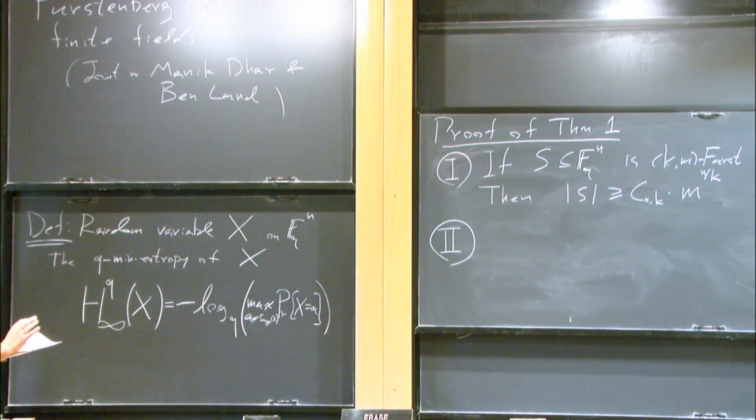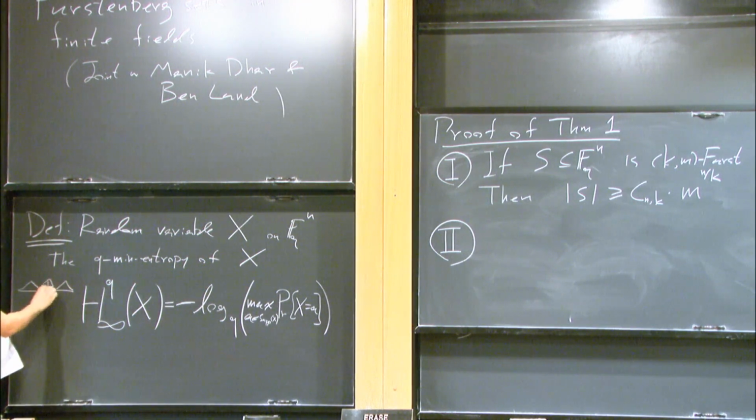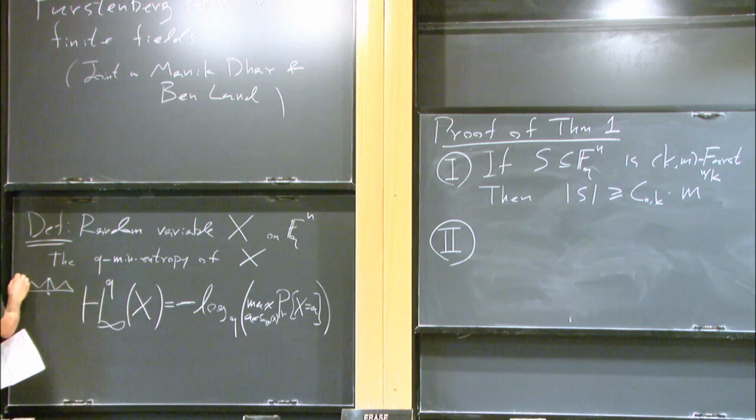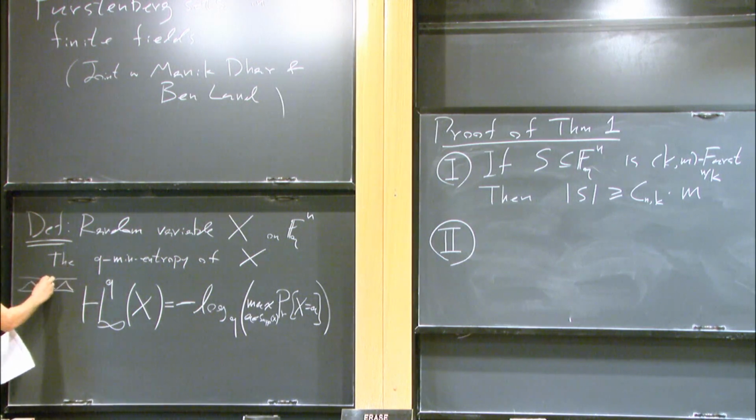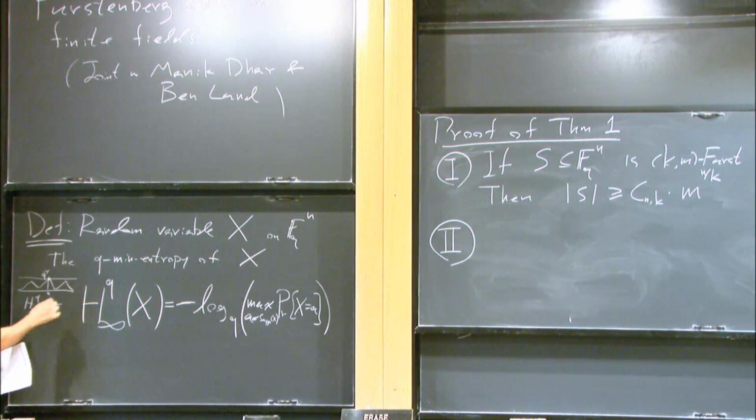If you've never seen this before, it's a very simple thing. You look at the distribution of X. If this is a, this is the probability of getting the value a. You look at the L infinity norm of this, so you look at the maximum value. If this maximum value is q to the minus r, then the min-entropy is r.